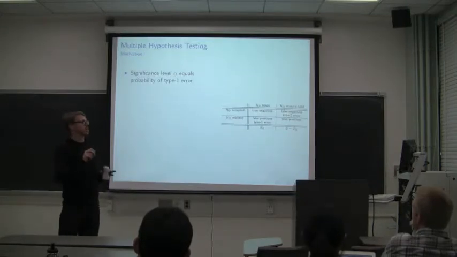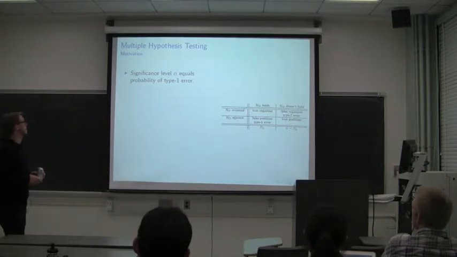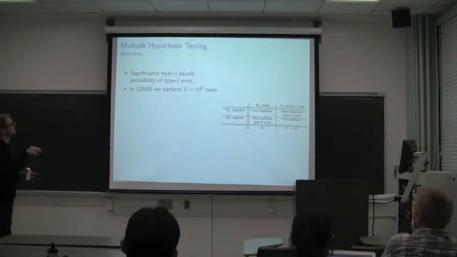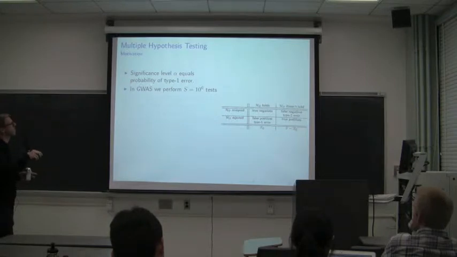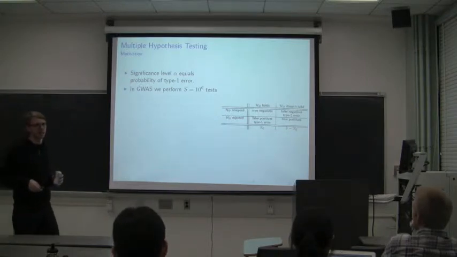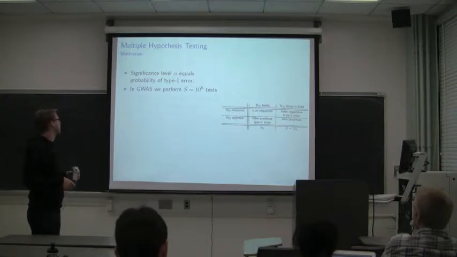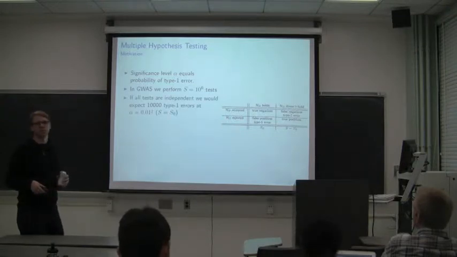We also talked about multiple hypothesis testing, and the idea is that if we perform many tests, then because the significance level alpha is equal to the probability of making a false discovery or a type 1 error, if we just test often enough, we'll make a lot of these.